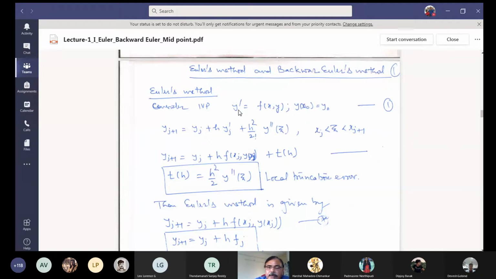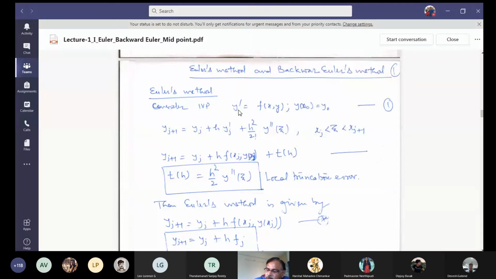Y is a function of x, with y of x0 given as y0. Is that clear? Okay, good.